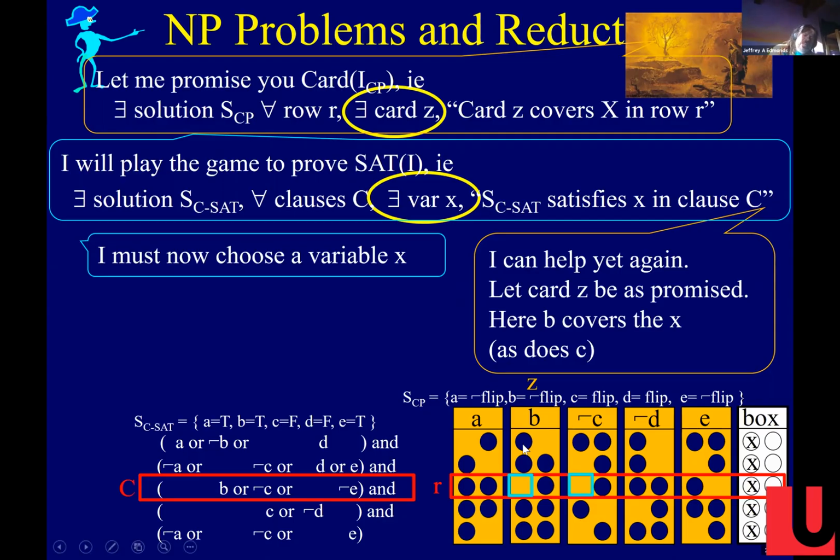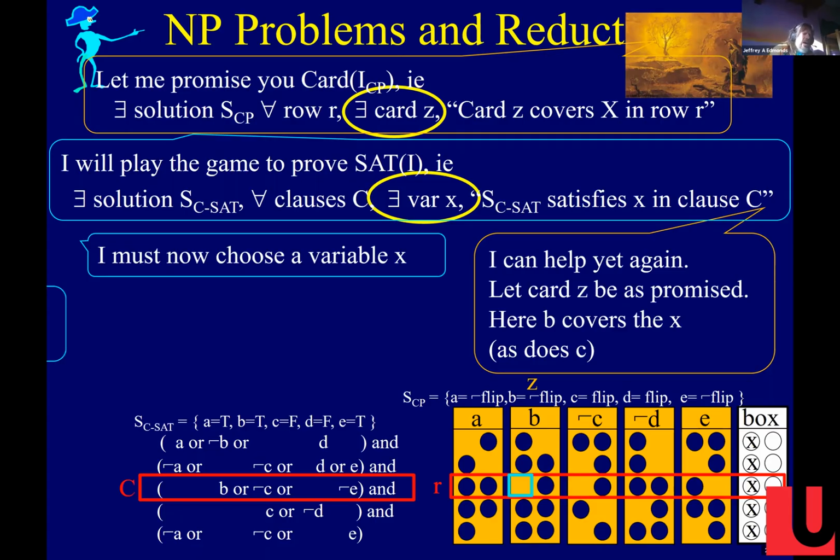You can see card B not flipped covers the X, and card C, because we flipped it, covers the X, right? People see that? So when we ask her about a card, she has a choice to which one she gives us. She either tells us card B or card C.